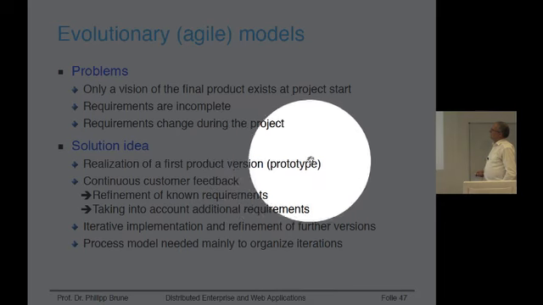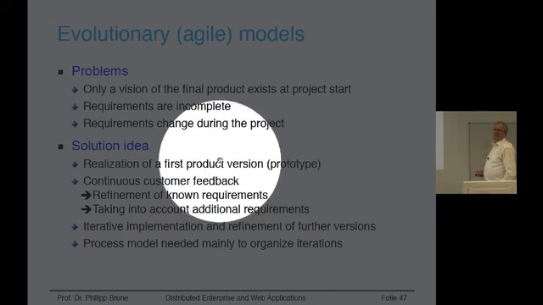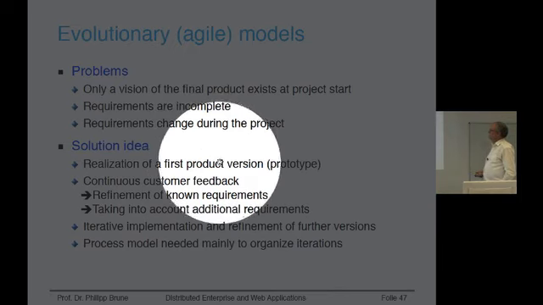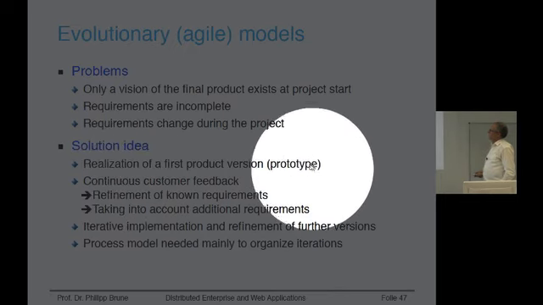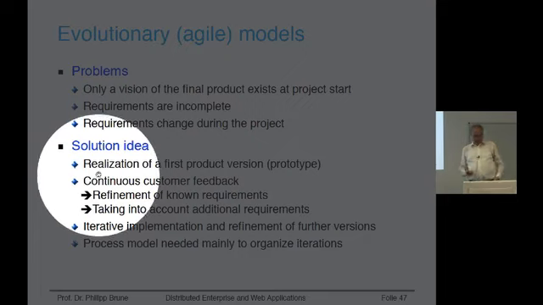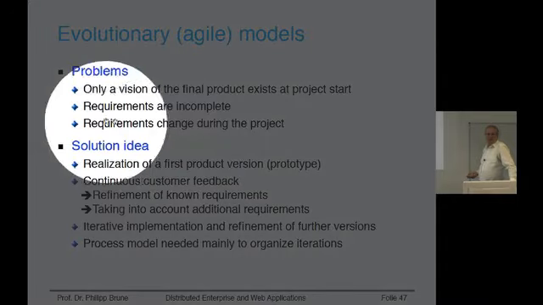This first product version is neither complete, nor has to be perfect, nor will it cover all the requirements. So it's more like a tentative prototype. The idea is now to show this prototype to the customer and get feedback on the prototype from the customers, from the users.